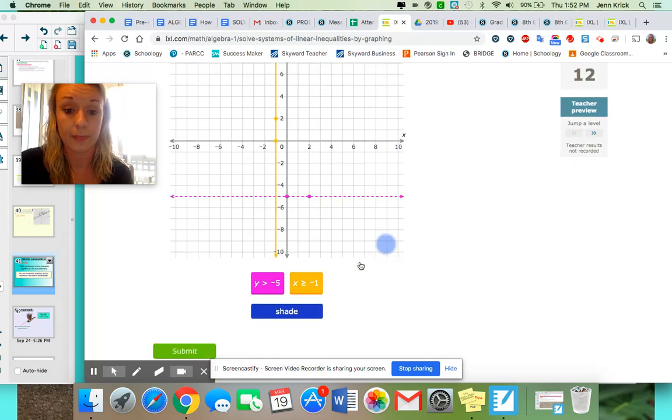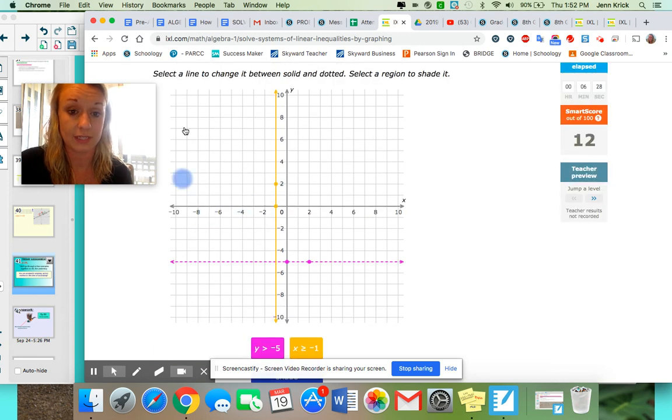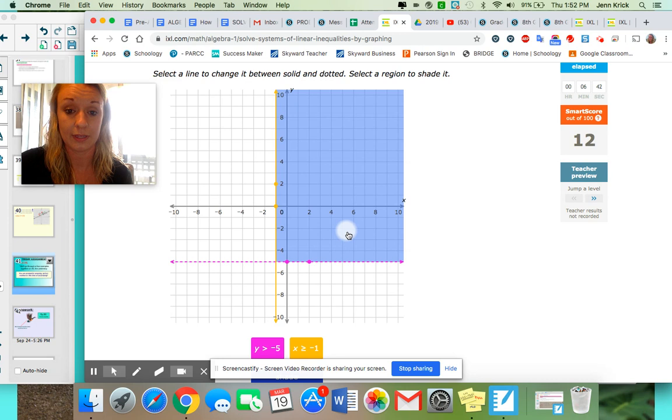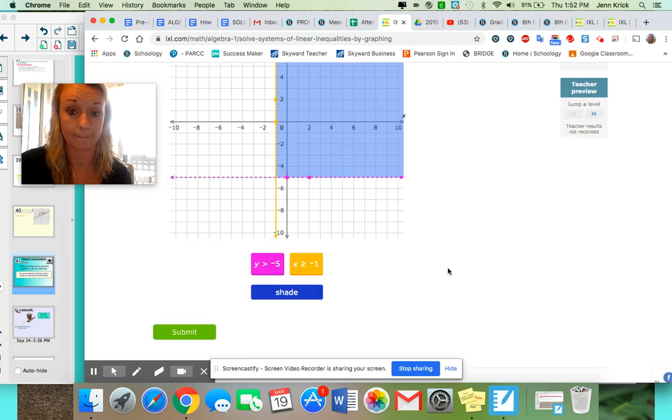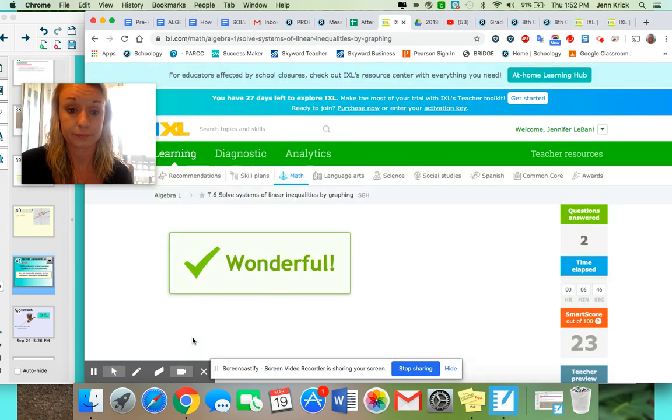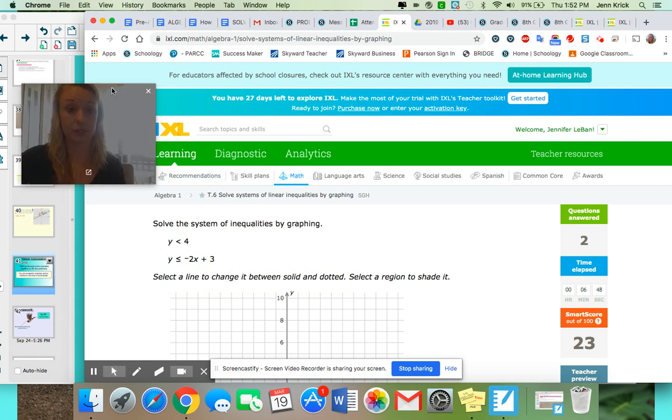Ask yourself, if y is greater than -5, that means that this whole region up here above my purple line will be shaded. And if x is greater than or equal to -1, this whole region will be shaded. The only part that is shared is this zone here, okay? And that's essentially how it looks.